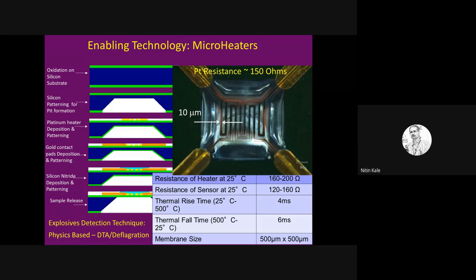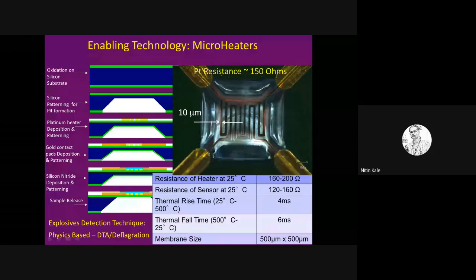And this particular region is the membrane region. The thickness of the membrane in total is less than 1 micron. At the bottom side, you have silicon dioxide. At the top side, you have silicon nitride. And in between, you have these two zigzags. One is the heater part, and the second is the thermometer part.